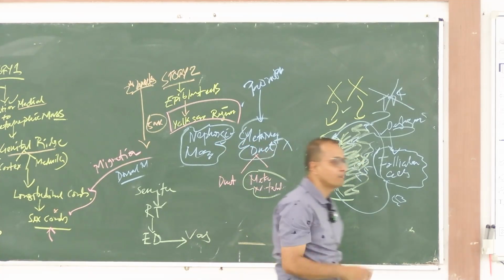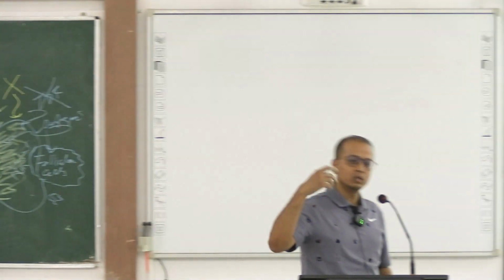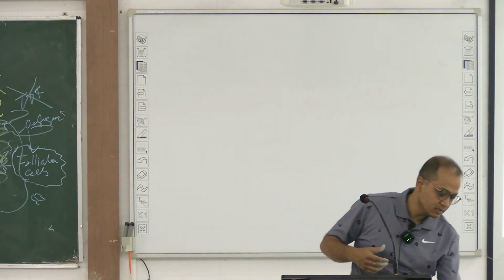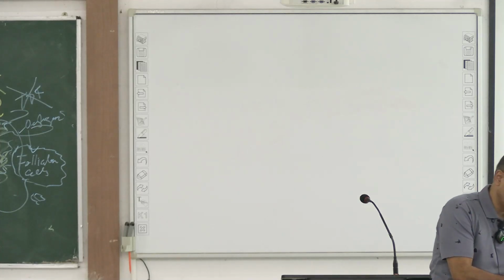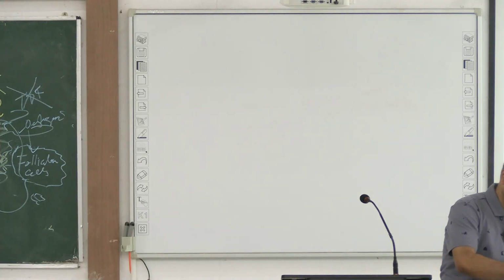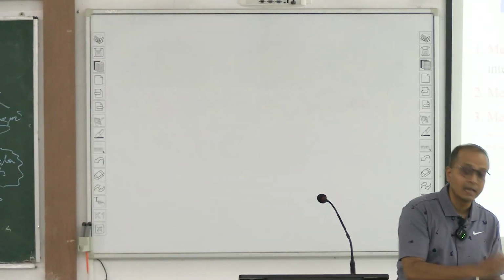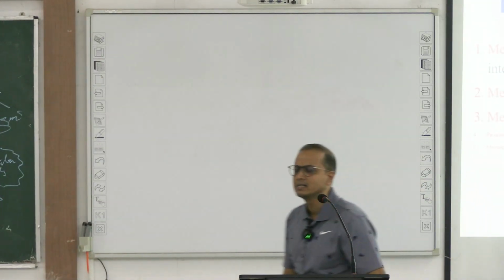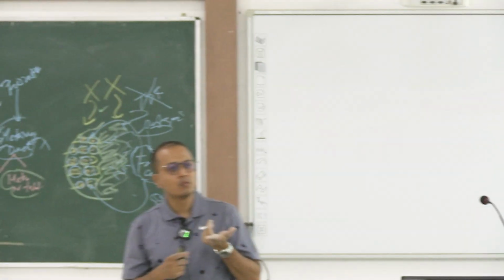So this is what happens in the same undifferentiated gonads under the influence of these genes. So basically the determining factor for the undifferentiated gonad is whether you have the Y chromosome or not.